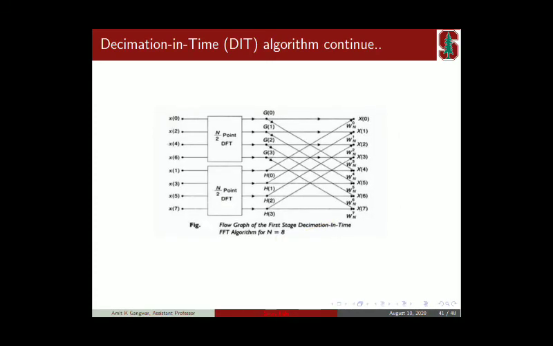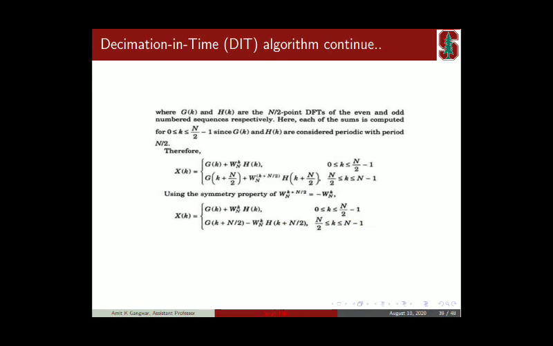So similarly x4 is nothing but g0 plus h0 multiplied by W_N^4. If you want X_4, then for k from 4 to 7 here and k from 0 to 3 here, with N equal to 8, it becomes 4. So I have to come to this expression.